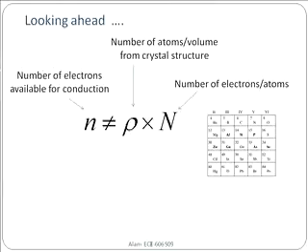The reason is, let's say I have just calculated the number of atoms per unit volume from the crystal structure, which is shown here in row. And from the periodic table, let's say for silicon, I want to calculate how many free electrons I have. I multiply it with the number 14 because silicon has 14 electrons.